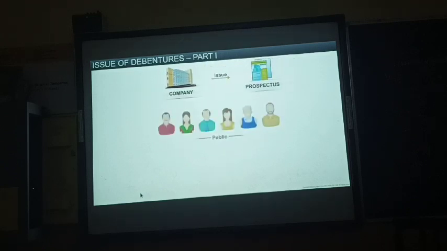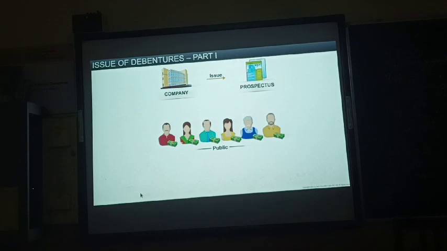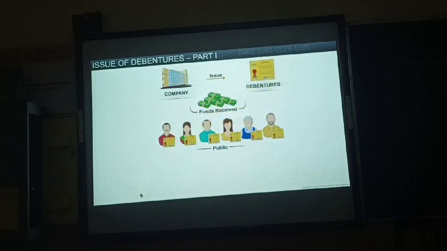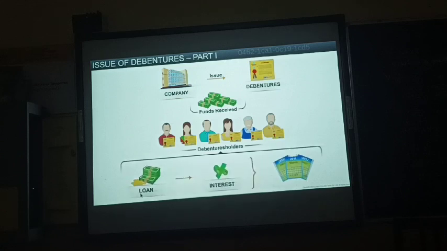The company issues a prospectus and collects the necessary funds required from the public, and issues debentures. These debentures represent a loan taken by the company, for which the company has to pay interest periodically, at predetermined rates, to the public against this loan.